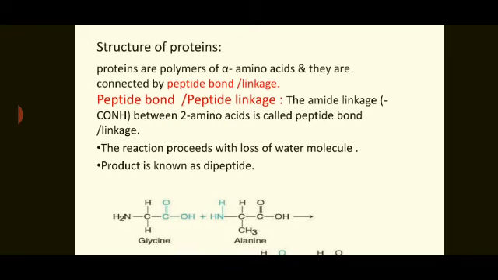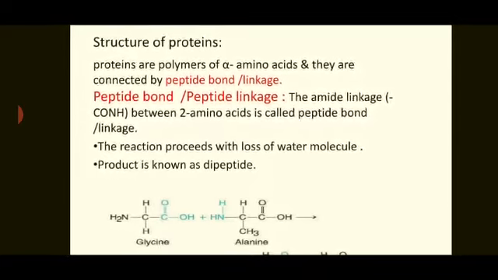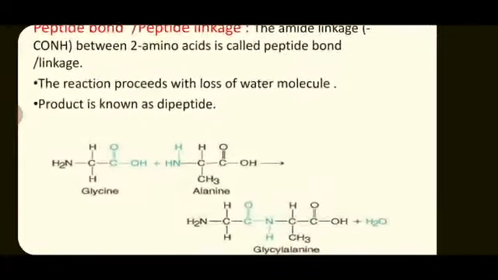If two amino acids are combining, then the product is named a dipeptide. If 3 amino acids are combining, then the product is a tripeptide. If more than 10 amino acids are combining, then it is called a polypeptide.